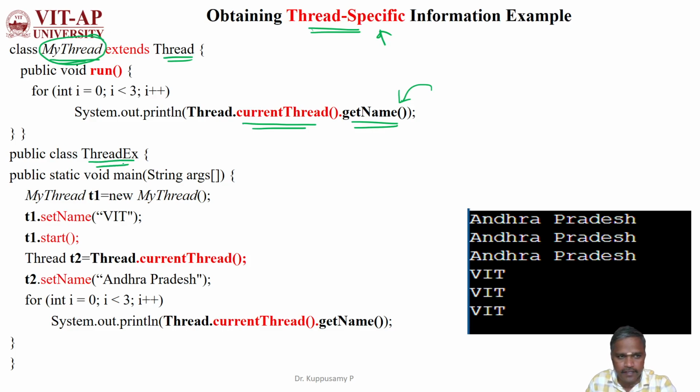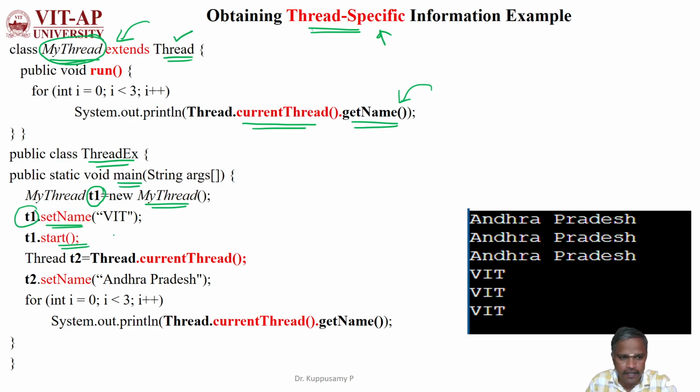Then I am creating a driver class, because it has the main method. Then the t1 thread is created using the user defined class MyThread, which has the capabilities of creating a thread because its parent class is Thread. Then I'm setting the name of this thread to vit. Then I'm starting the thread here.